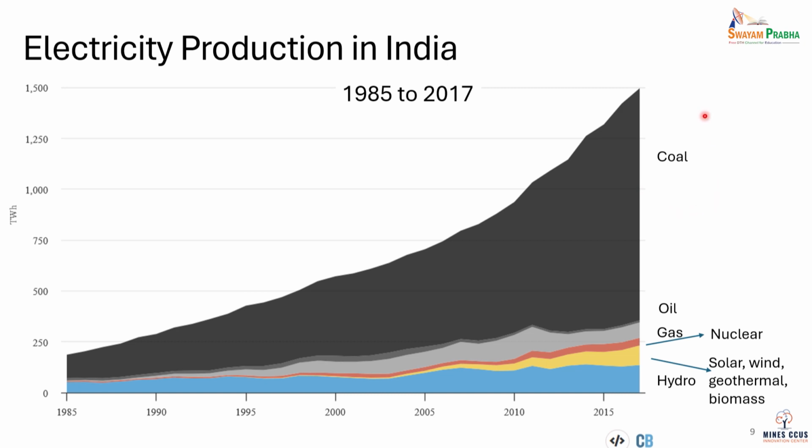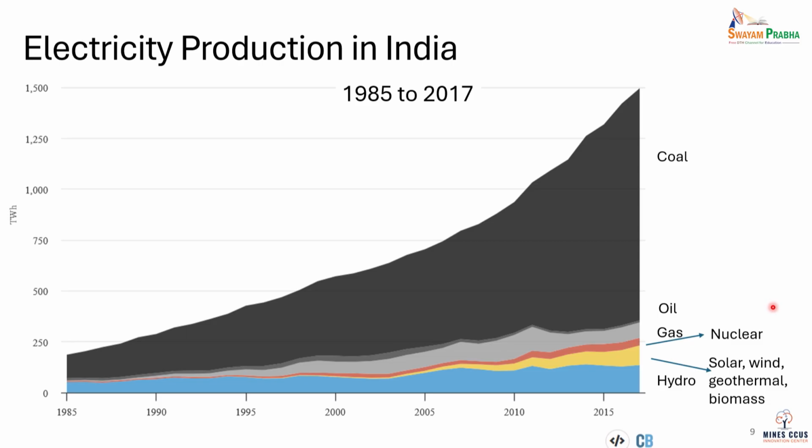We can decrease this part, but then we'll have to increase that proportionally. Remember, coal has a very high energy density. And so if we are replacing coal with any one of these alternative energies, we would have to make much more effort to produce the same amount of energy as coal.